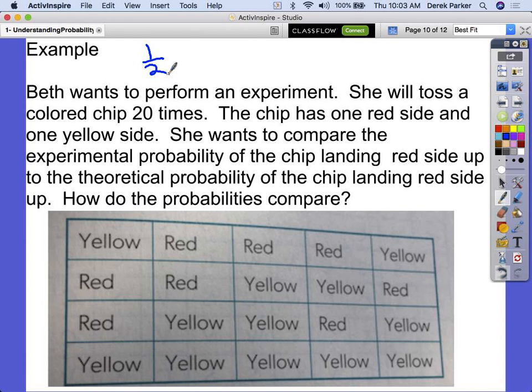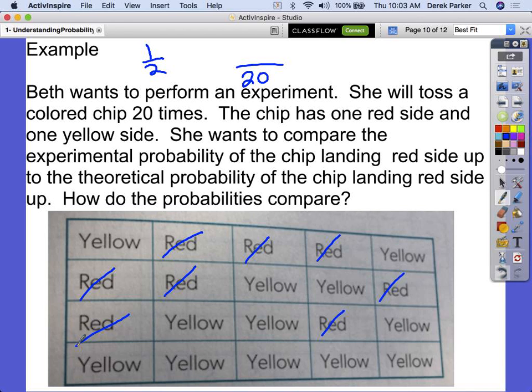Okay, that's real easy. Now, let's look at the experimental probability of landing on red. Well, we've already got that 20 is my denominator because that's the number of trials. Now we have to go through and count all the red. 1, 2, 3, 4, 5, 6, 7, 8.